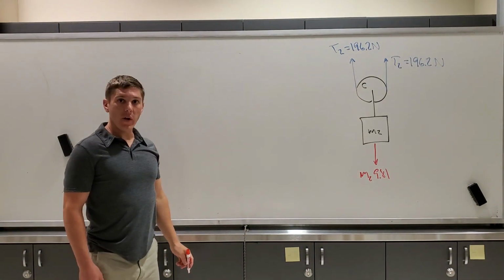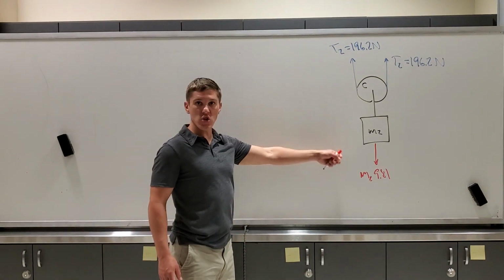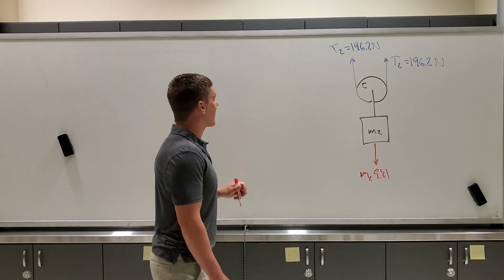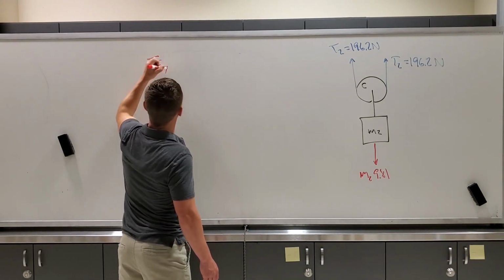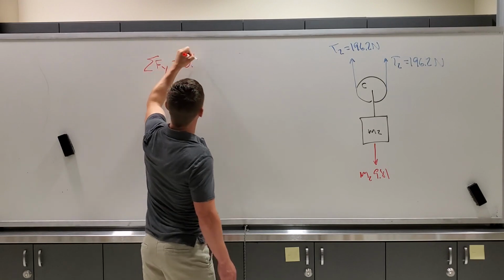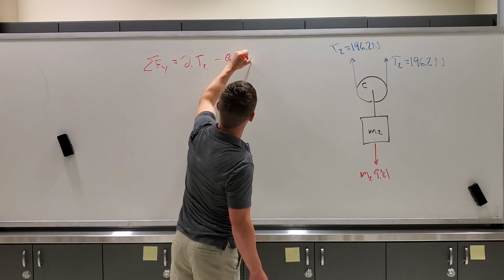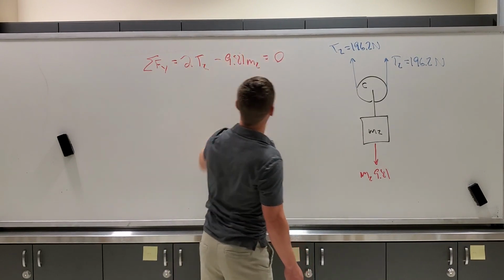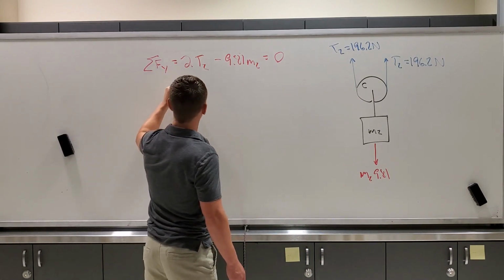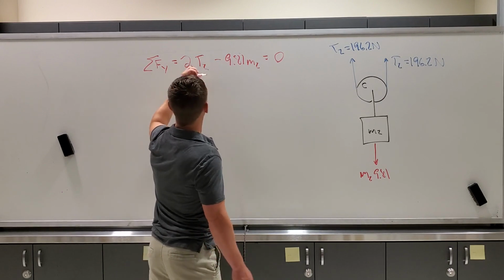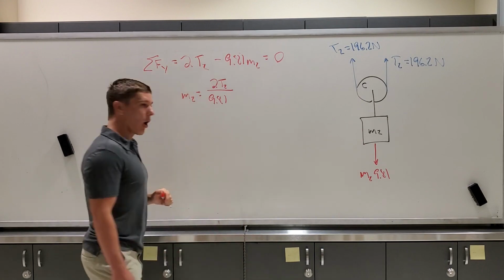Okay, so once again, we are in a one-dimensional particle equilibrium problem, so we just have one equation of equilibrium because we have no forces acting in the x direction. Our equation of equilibrium becomes that the sum of the forces in the y direction is equal to 2T2, which are directed upward, minus 9.81 M2, equal to 0. So we can see that M2 is equal to 2T2 divided by 9.81, and we know what T2 is.